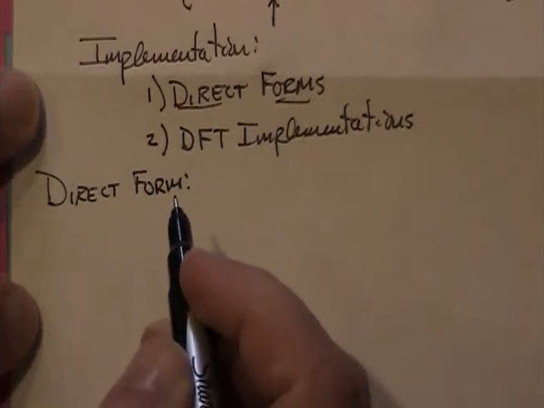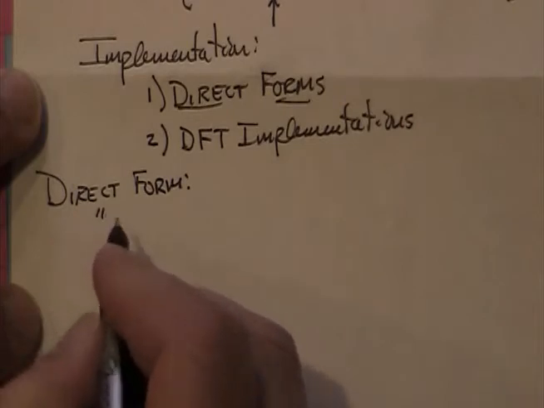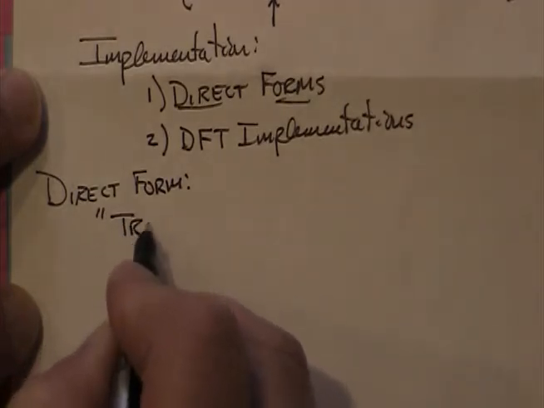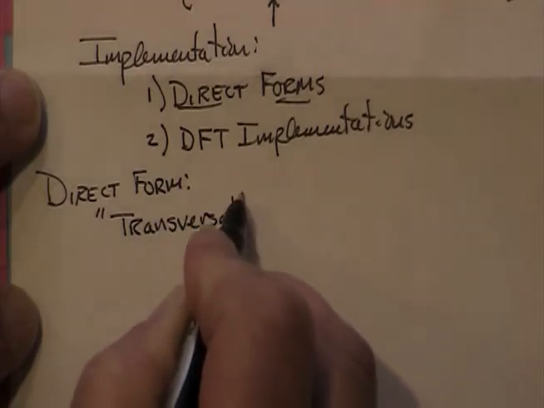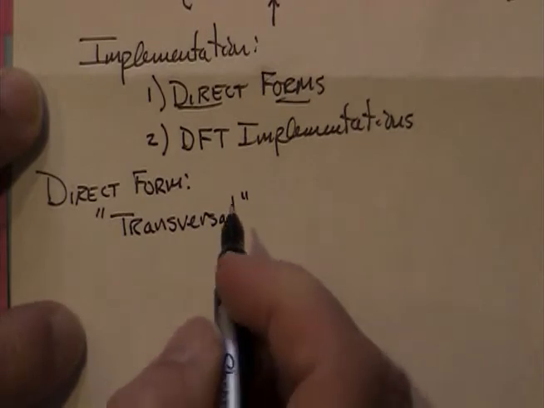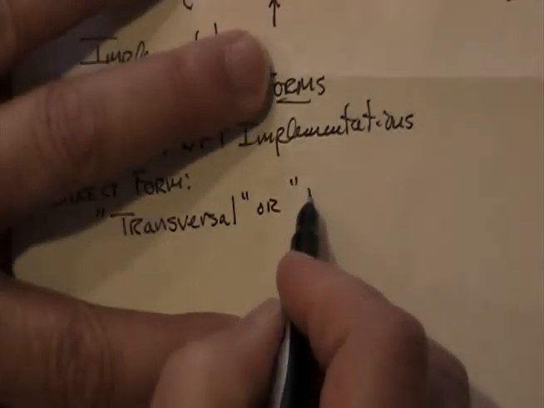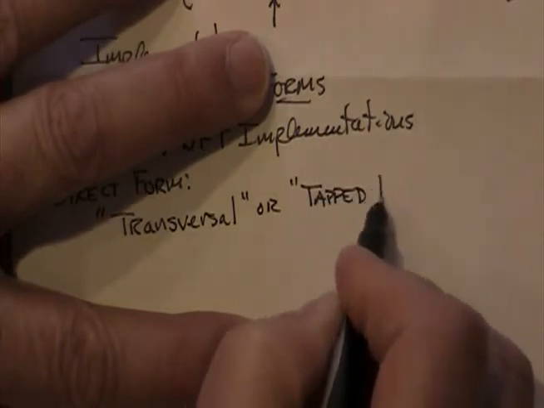is often given another name. So there are other ways that we call it. You might see this written as a transversal filter, or sometimes we'll say a tapped delay line, right? It's a tapped delay line.